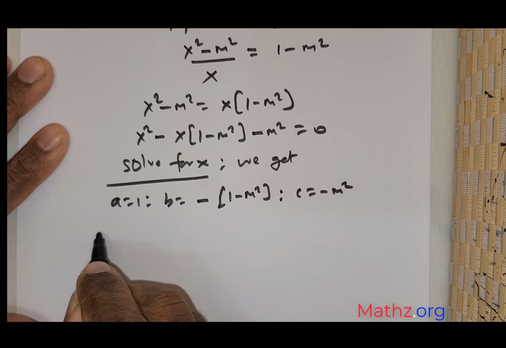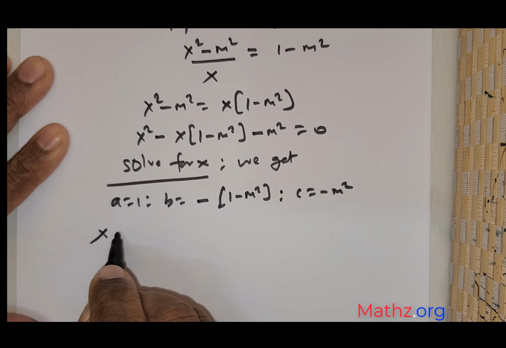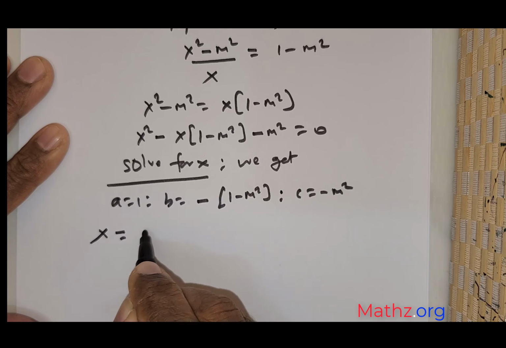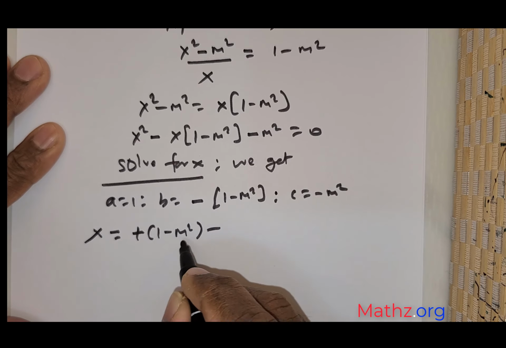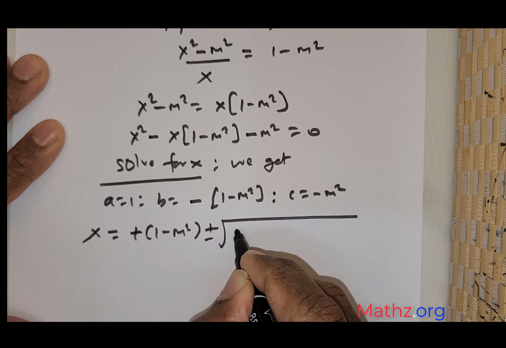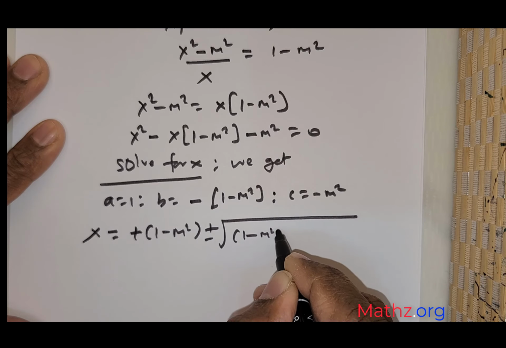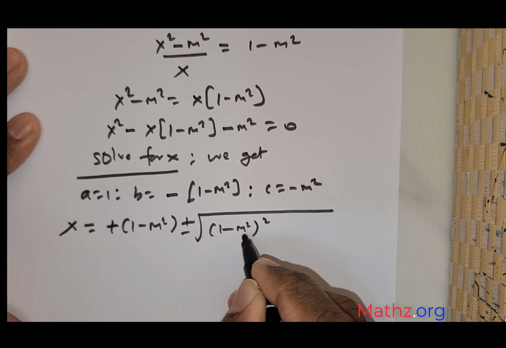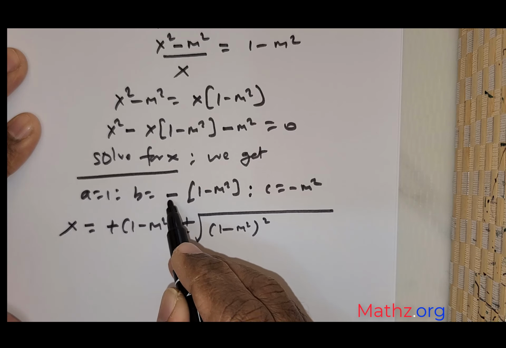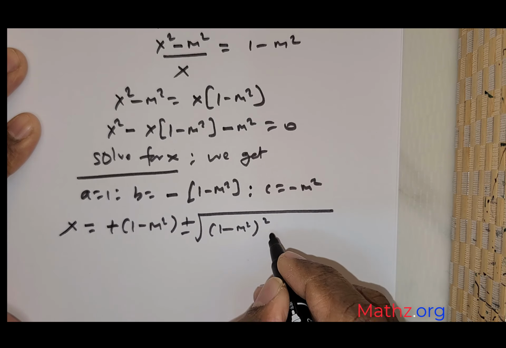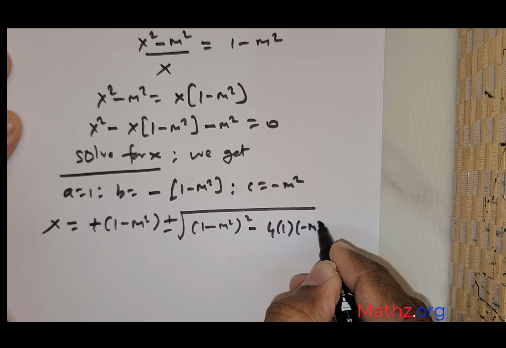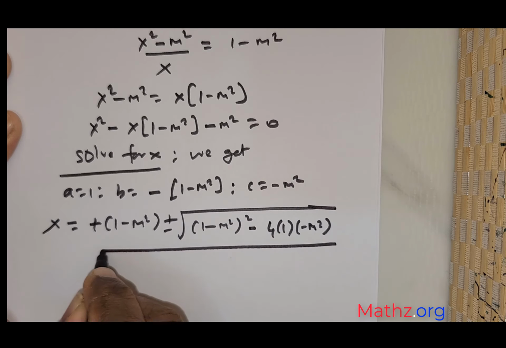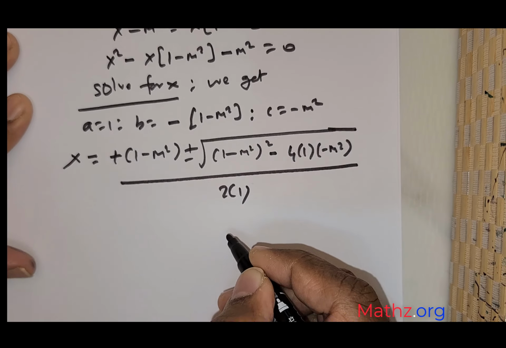So x is equal to negative b, that's going to be positive of 1 negative m squared, negative b plus or minus root of 1 negative m squared raised to the power of 2. The 2 would ensure that this becomes positive. So negative 4 times a times m squared divided by 2 times a, right?